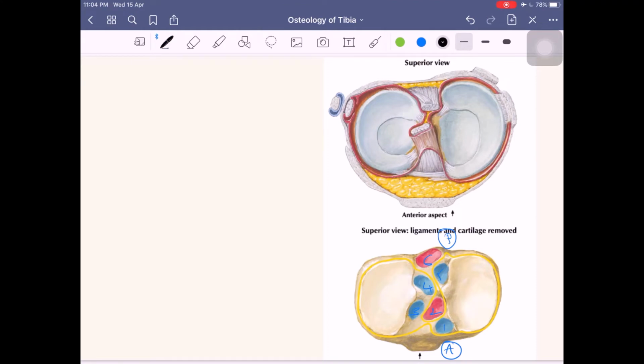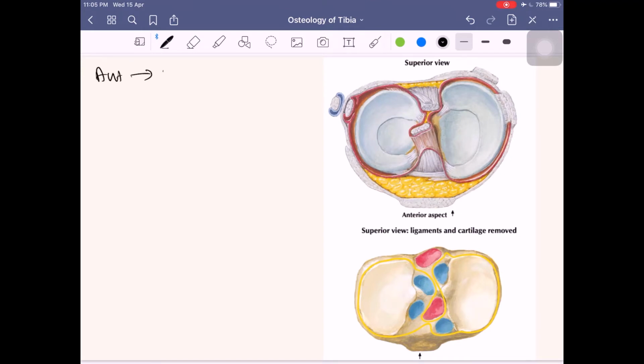The same 6 structures I can put down here also. So here you have 1, 2, 3, then 4, 5 and 6. So the 6 structures are present from anterior to posterior. What are these?